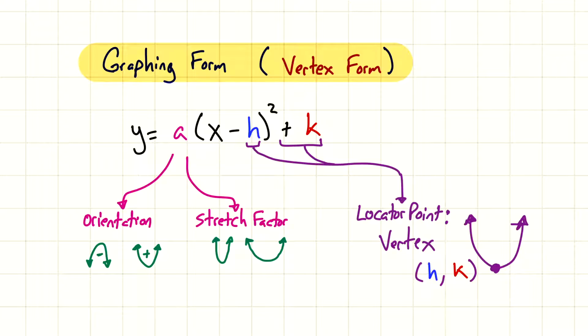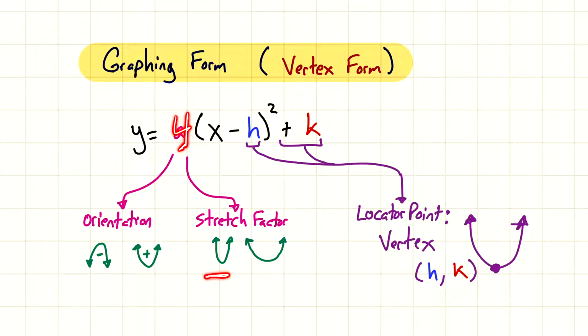Now the other thing is the actual value of our A. In this case, we're looking at the absolute value of A. That means we don't care if it's negative, we just care about the positive component of our A value. So if it is a big A value, for example, let's say this is a 4 in front, then that means it's going to be stretched vertically a lot.